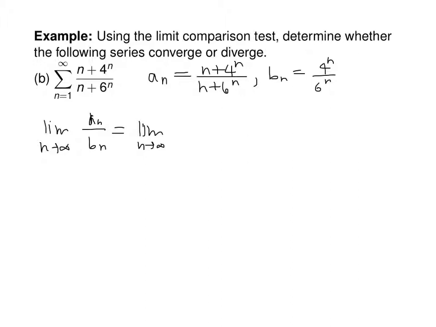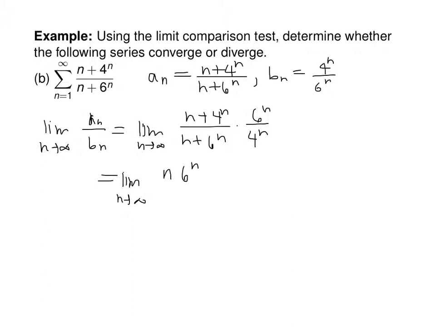So that will be n plus 4 to the n over n plus 6 to the n multiplied by 6 to the n over 4 to the n, which gives us a limit as n goes to infinity of n 6 to the n plus 24 to the n over n 4 to the n plus 24 to the n.